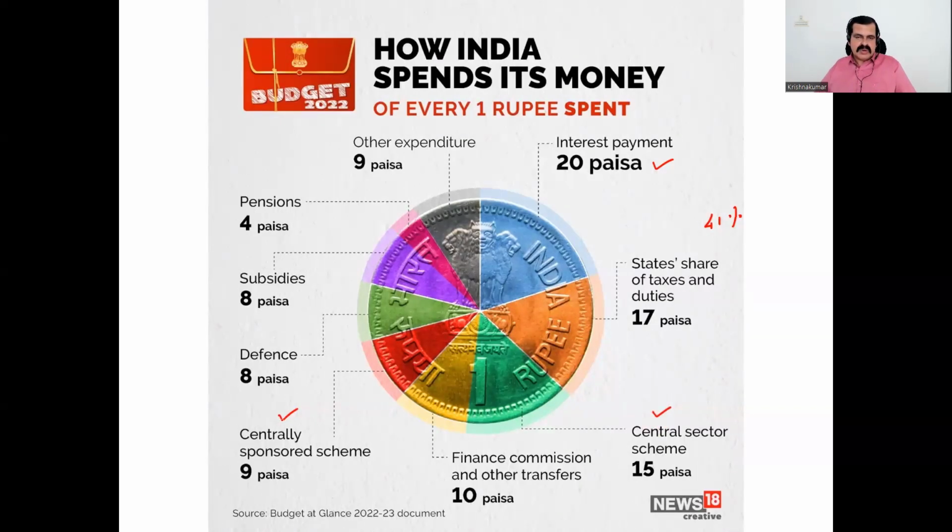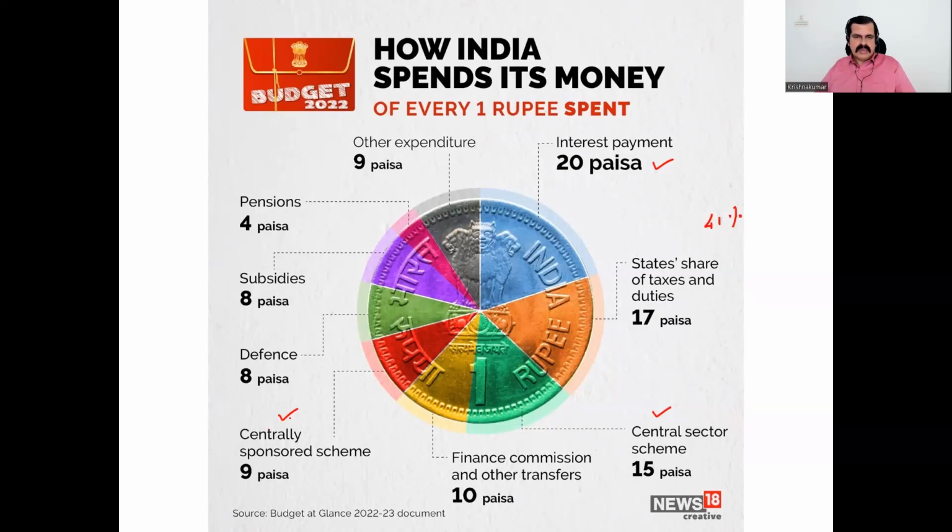Centrally sponsored schemes, on the other hand, are those which are governed by the central government but also managed along with the states. The fund for which is shared between the center and the state. Sometimes it is 50-50, most often it is 60-40, and in some cases it can even go down to 90% by the center and 10% by the states, and that happens particularly when some of these schemes are operated for states in the Northeast.